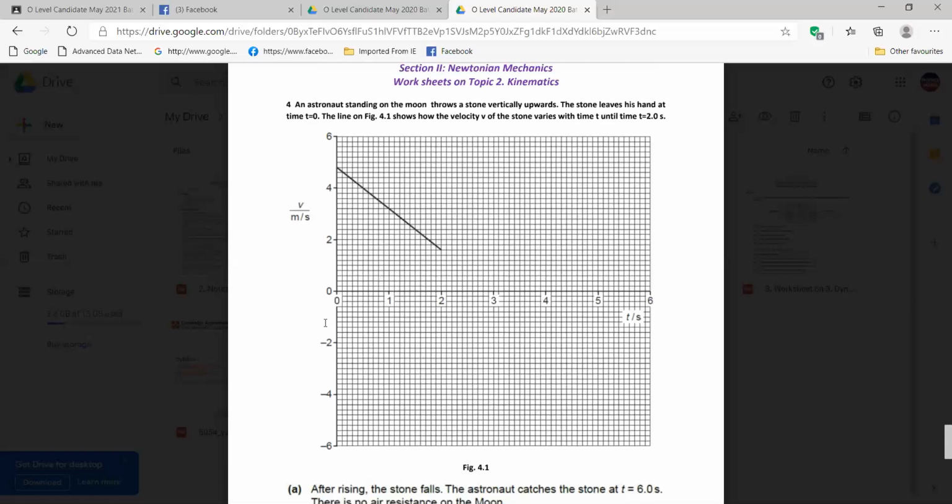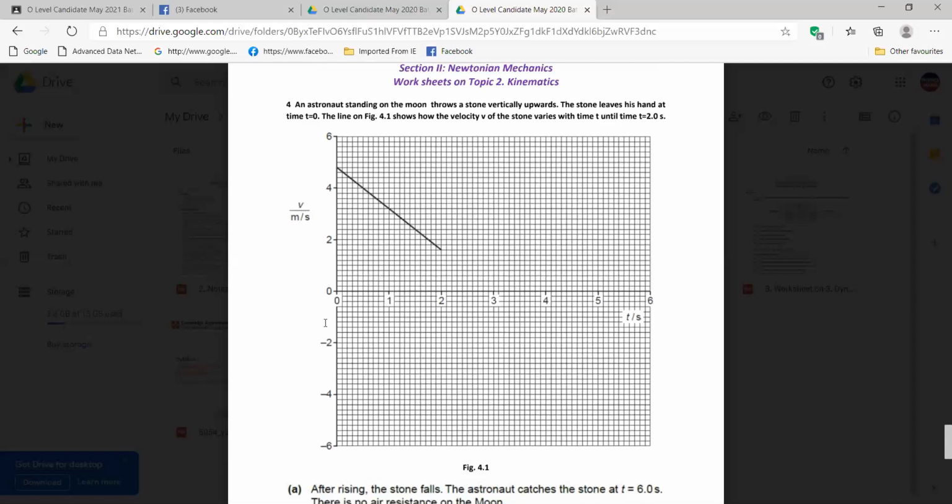So if it is constant acceleration, then our velocity-time graph always gives a straight line. And the stone is thrown vertically upwards. That's why the stone will be decelerated first, right? And after deceleration, it will come back.